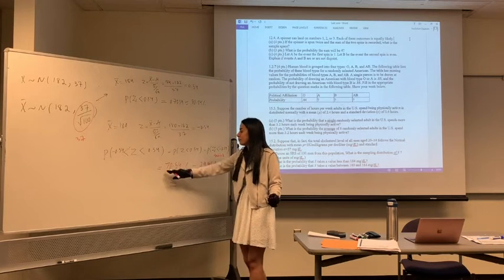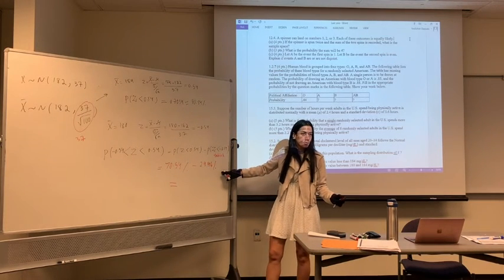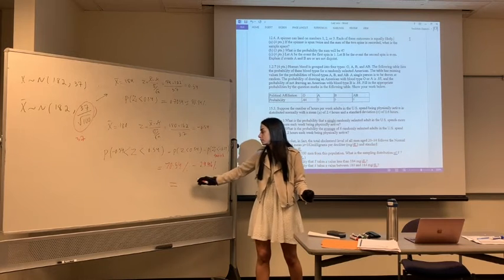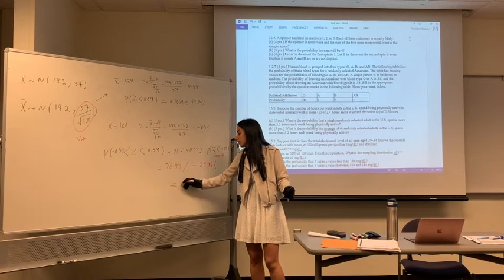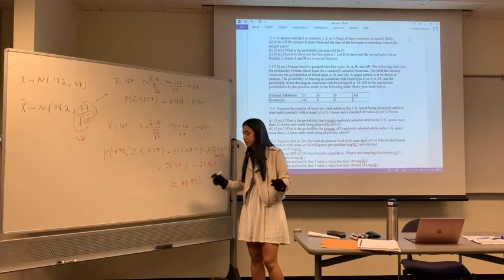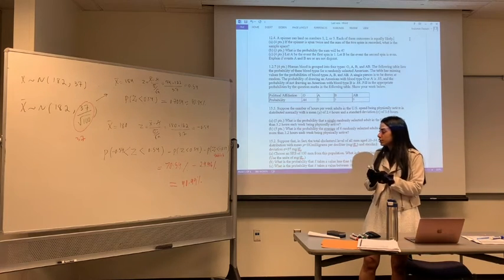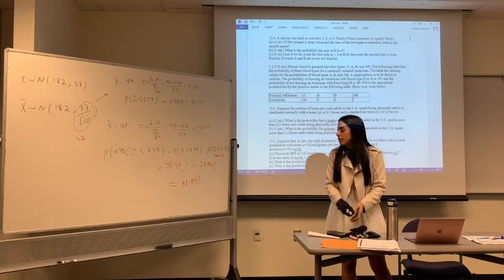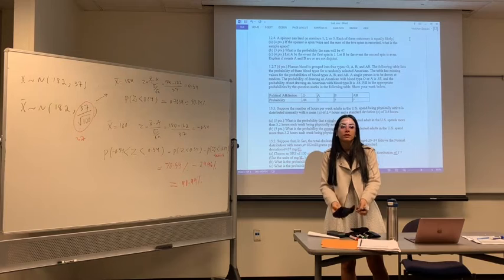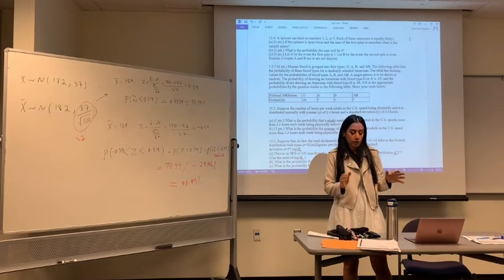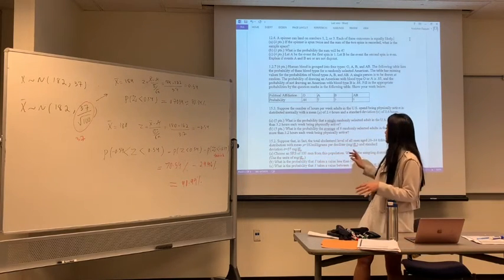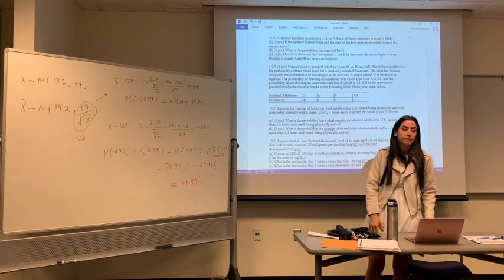So the bigger probability minus the smaller probability is 40.99%. So there is this much percent chance that if we get the average of 100 men, their cholesterol is between 180 and 184.